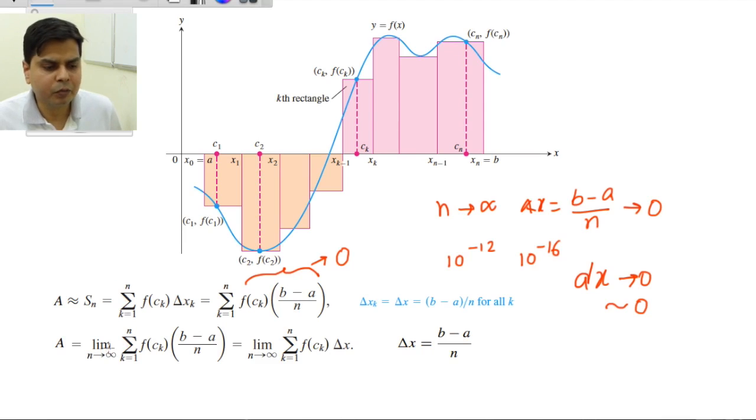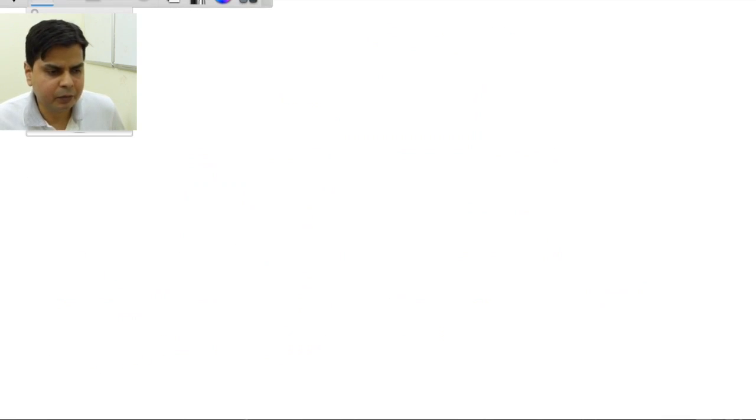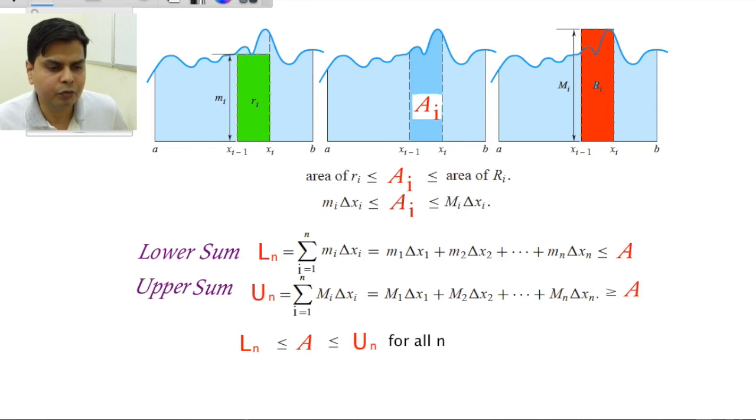Now whatever I had derived by a visual explanation, let's derive this with a rigorous proof. Suppose we concentrate on one particular subinterval, say this ith subinterval. In each subinterval, the function will have a minimum value, which I have denoted by small mi, and a maximum value, capital Mi.